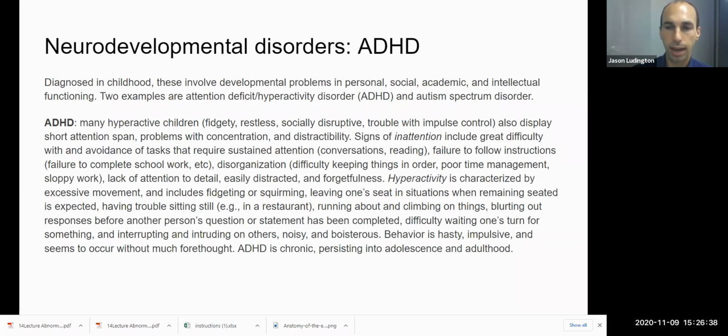Behaviors are hasty, impulsive, and seem to occur without much forethought. ADHD is chronic. It persists into adolescence and adulthood.